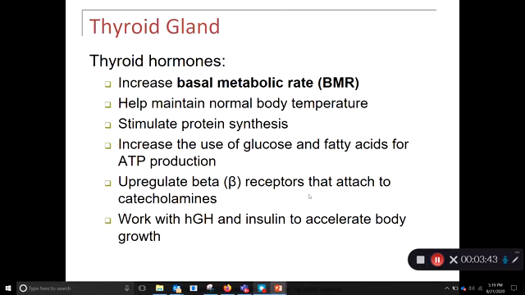You can also stimulate protein synthesis. You're going to start building up muscle. You're going to start building up things. You're going to increase the amount of glucose and fat you use. You're going to increase your ability to have a fight or flight response. You're also going to increase how insulin and human growth hormone work.